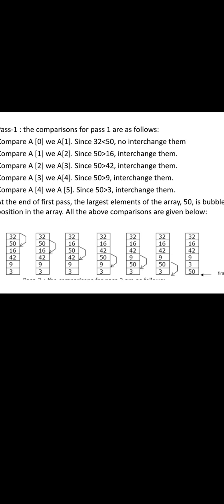Again the element 50 is larger and 3 is lesser, so again we have to swap that neighbor element, so that we will get 3 earlier and 50 as the last element. So after one iteration, we can see that the elements are 32, 16, 42, 9, 3 and 50. So after the first iteration, we can observe the highest value of the array has been placed in the last place.